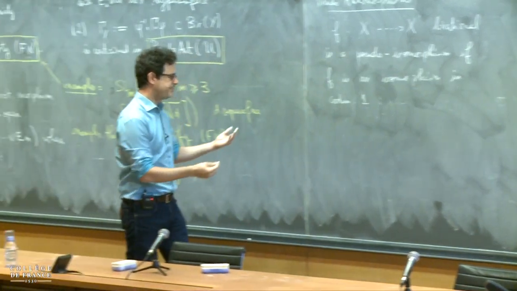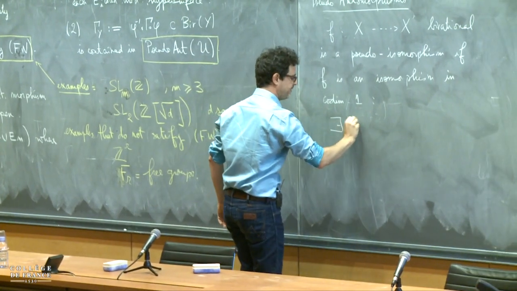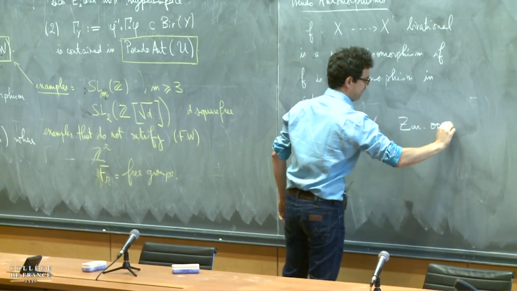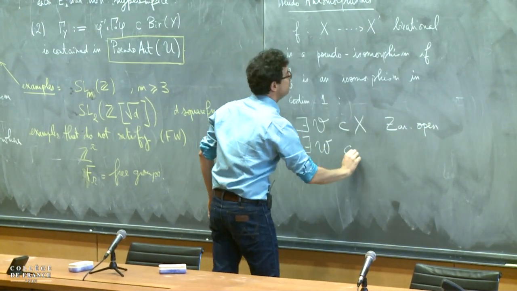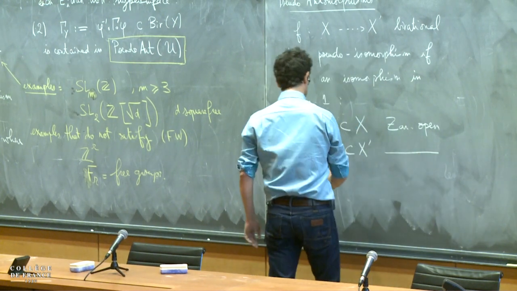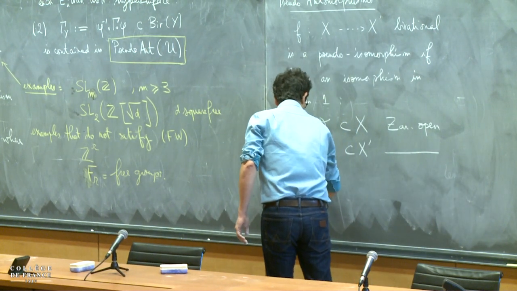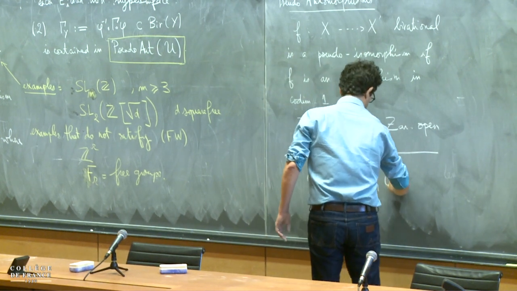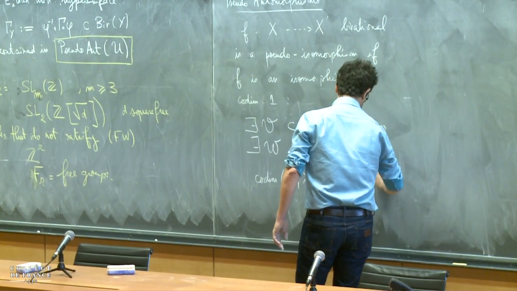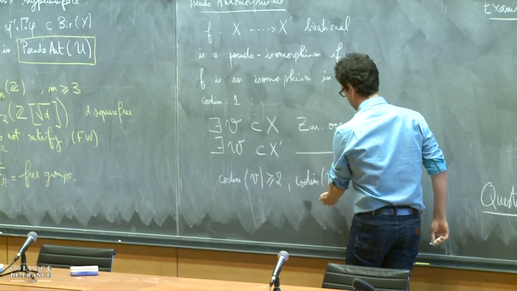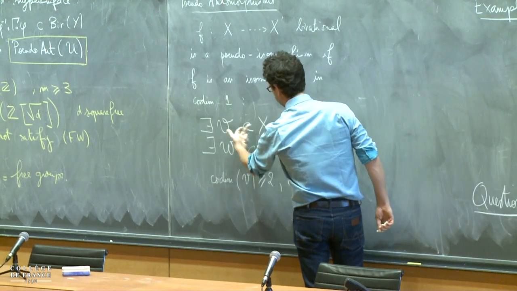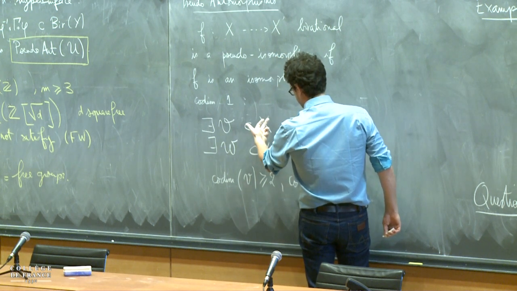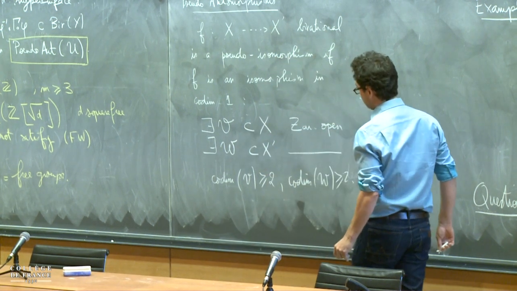Which means that you can find a Zariski open subset V in X and a Zariski open W in X prime such that the codimension of the complements is at least 2. So by this I mean that V is obtained from X by removing a Zariski closed subset of codimension at least 2.